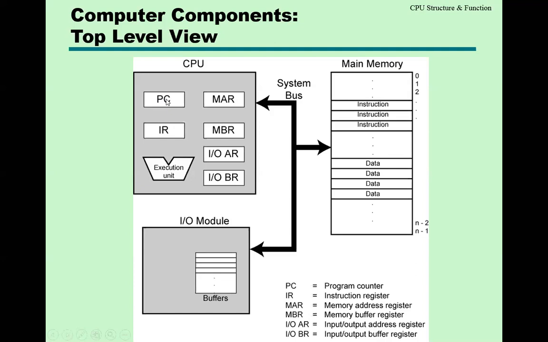That instruction address is copied into the MAR, the memory address register, which holds the address of memory. It can be an instruction or data. So the PC holds the instruction address and passes it to the MAR, and the PC is incremented by 1.